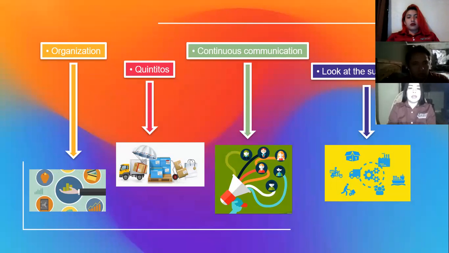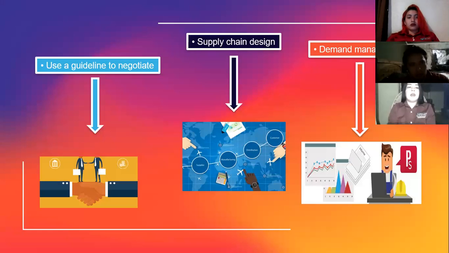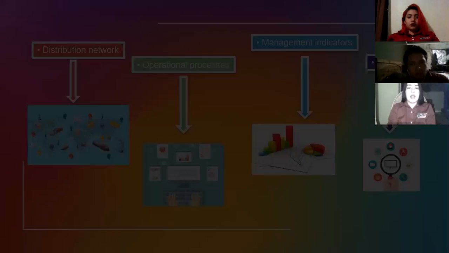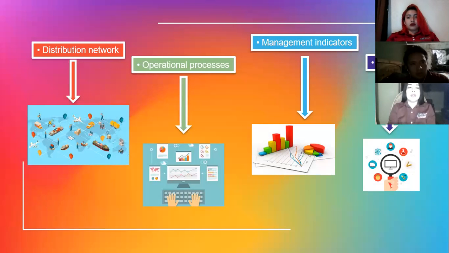Organization, continuous communication, look at the supply chain, and use it to negotiate supply chain design, demand management, distribution network, operational process, management indicators, visibility.